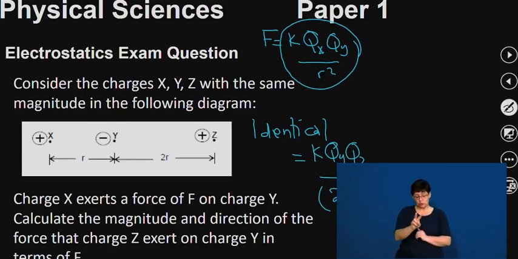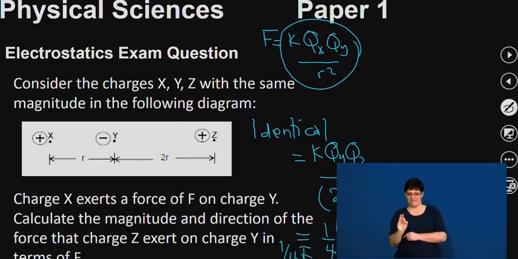That was the catch: it's the square of 2R. So this will be 1 over 4 of K, QY, QZ over R squared. If that represents F, the new force would be a quarter of F. Similarly, that's what you'd do with the masses in the universal law of gravitation.